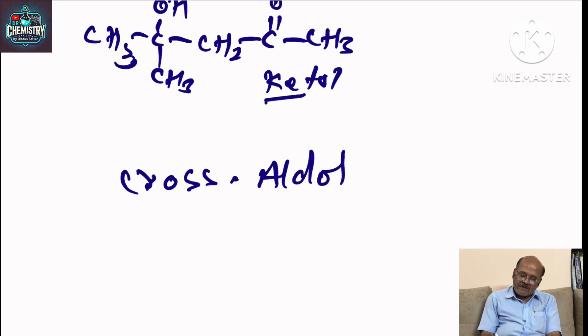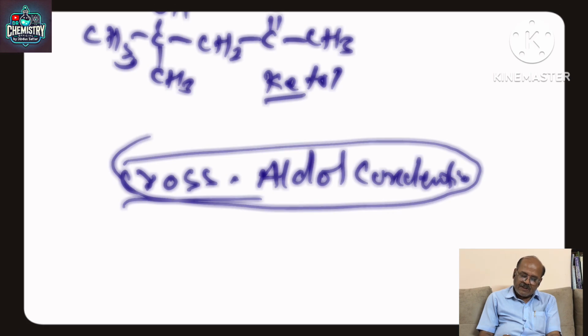Why is it called cross aldol condensation? Because two different carbonyl compounds are taken. One may be a ketone, one may be an aldehyde, but the condition is that they should consist of at least one alpha hydrogen. They also undergo condensation, and that is also called aldol condensation, but it is generally referred to as cross aldol condensation. Thank you.